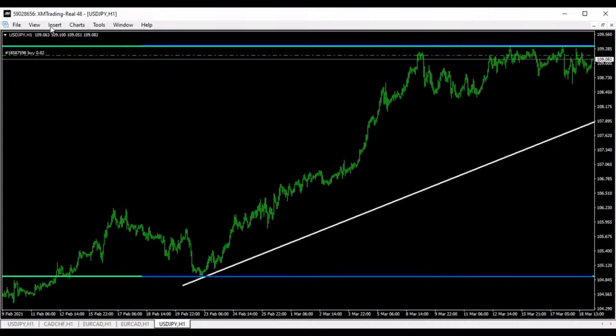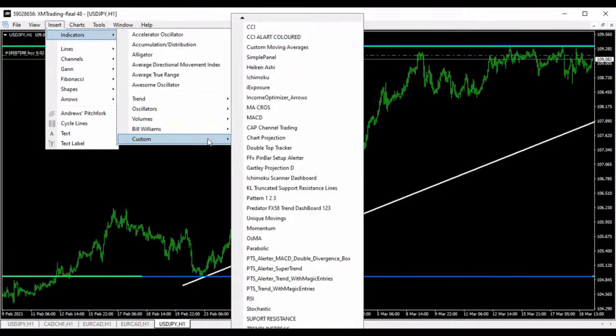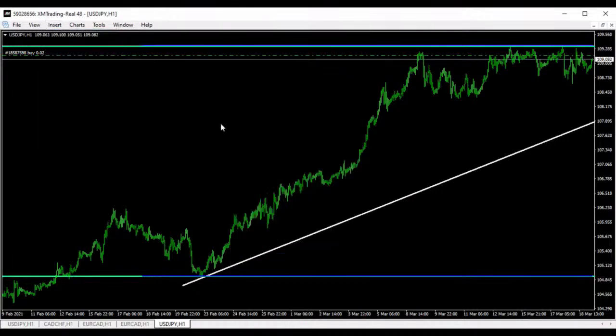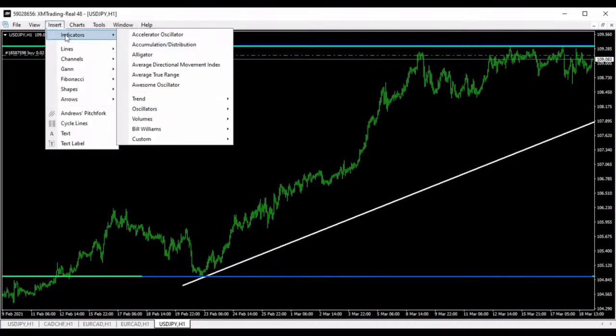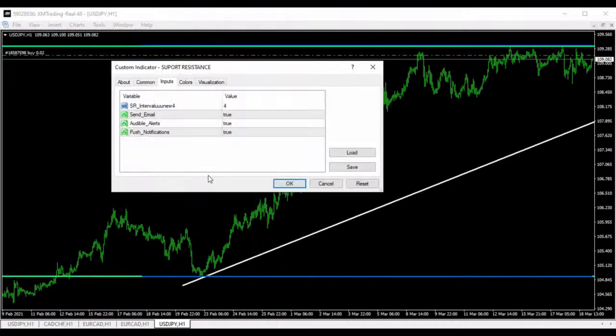And now we're going to go again to say, okay, I want to go and remove that support resistance line. I want to delete it. Okay, I delete it, but it's not yet deleted. But I want to insert another support resistance of, let's say, in this case, 100.